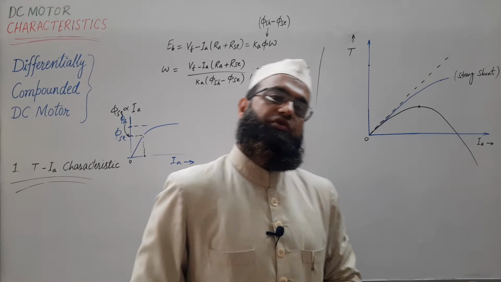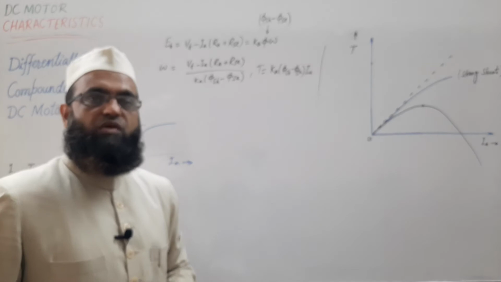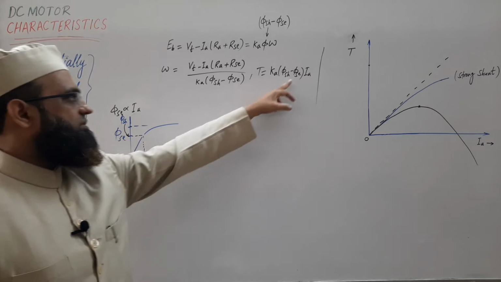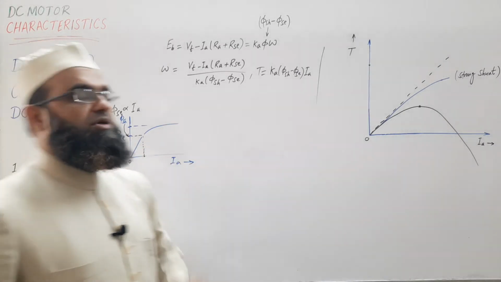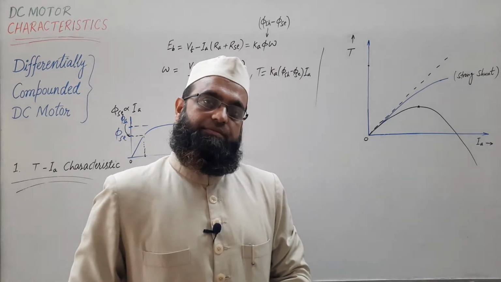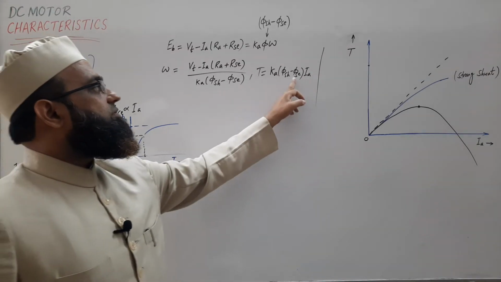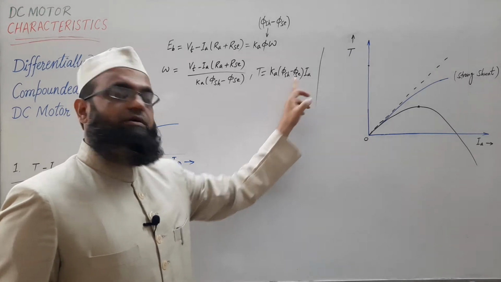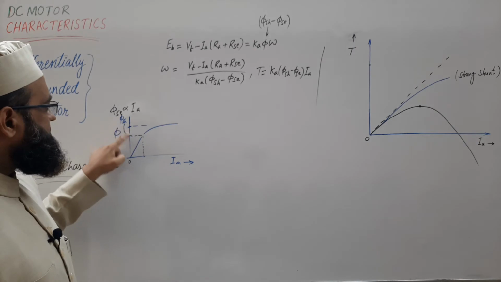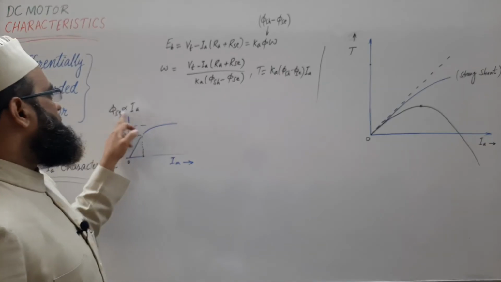What about a starting condition? Take the same case, weak shunt. Weak shunt means phi SH lies below the saturated value of phi SE. So at the time of starting, what will be there? A starting current will be high, so phi SE will be in this range, more than phi SH, fine, higher than phi SH, because phi SE is proportional to IA.